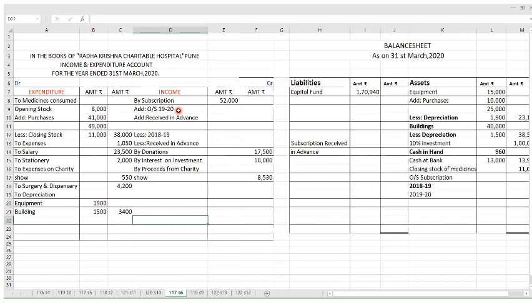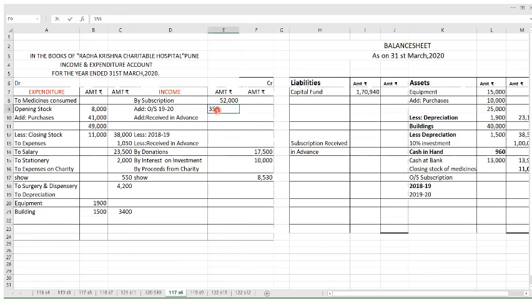So that much amount is outstanding for last year, and the subscription due for 30th March 2020 is 350. So that is the outstanding subscription for current year. So we're going to give the effect, means we're going to add that amount in the current year subscription, 350.